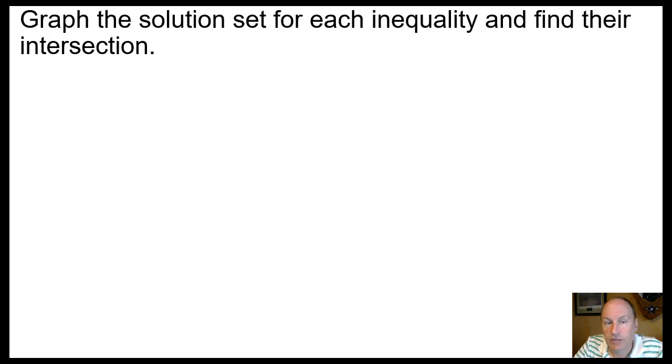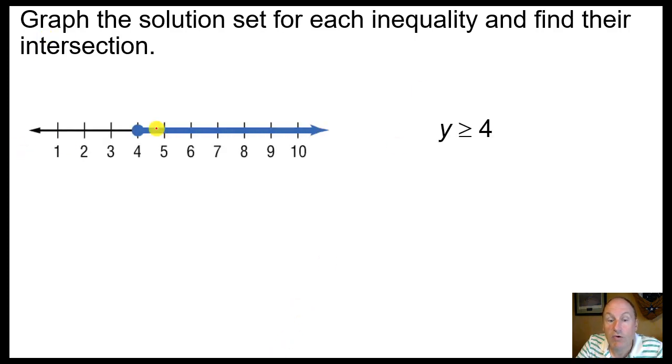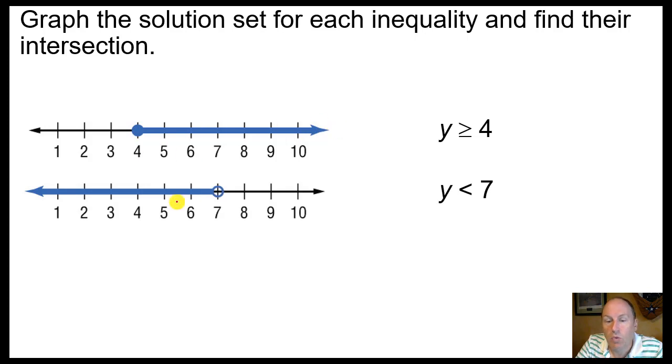Okay, we're going to go slowly through this part of graphing the solution set for this and compound inequality. So y greater than or equal to 4 is a closed circle on 4 and everything to the right of 4. y less than 7 is an open circle on 7 because it doesn't include 7, and everything to the left.